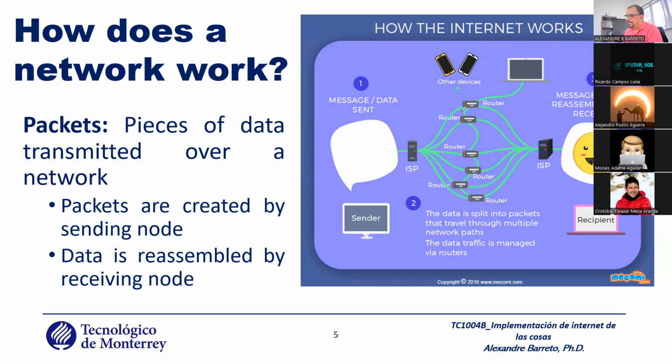How to solve this problem? Solving this problem is not the focus of this course, but you can use the QoS approach. What is the QoS approach? When you break the information, inside each packet you set a flag like, this packet is very important, it cannot suffer any jitter in delay, okay?